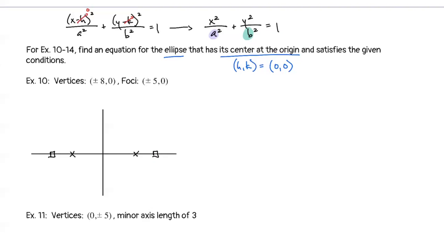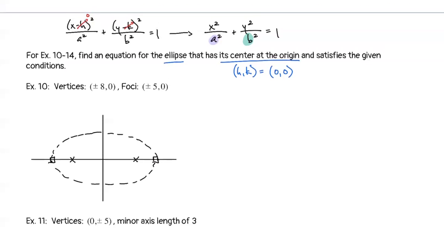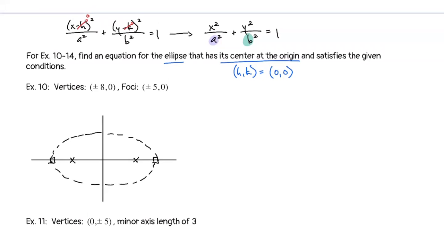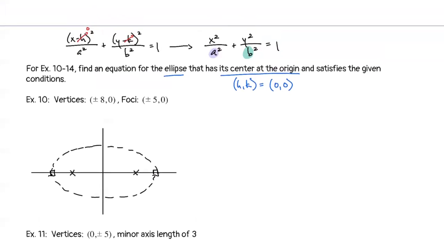Is this going to be an Ernie ellipse or a Burt ellipse? Ernie? Yeah, this is going to be an Ernie one, right? And so even though I don't know exactly what it looks like, I can sort of sketch one and say, oh, it's going to be something kind of like this. Okay, if I know it's an Ernie one, I have my major axis.